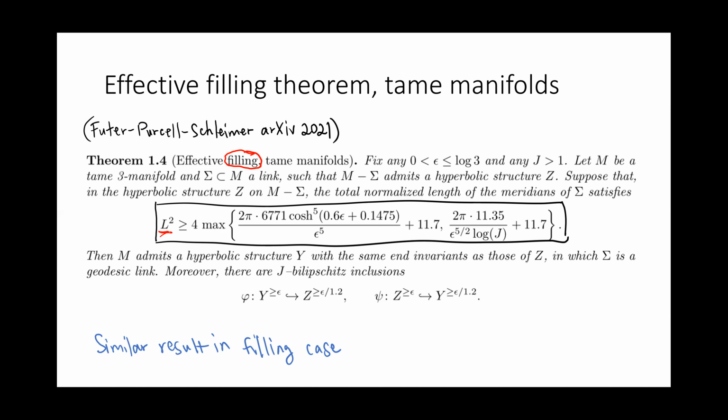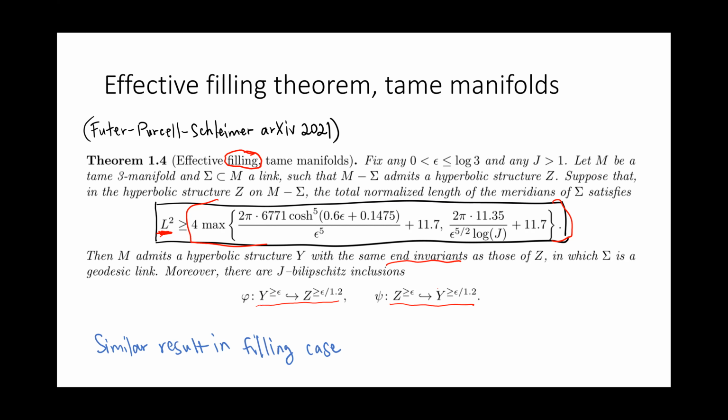So if you have normalized length that's sufficiently large, so again, you can ignore everything in the black box, but this is effective. Then you get a hyperbolic structure, same end invariants, and bi-Lipschitz inclusions. So this is nicer than the previous theorem because you know that you get this bi-Lipschitz result, and a similar result in the filling case.